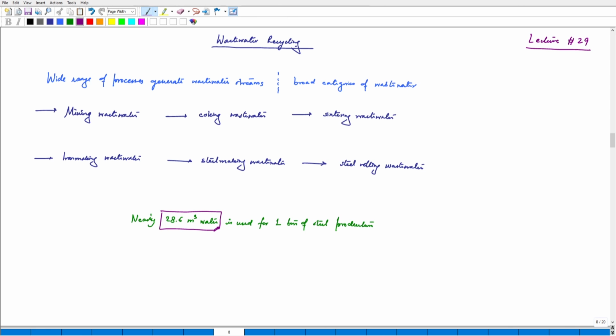Just multiplying it to, let's say, the world production of steel in a given year would give us the water that is used directly in steel making industries, taking into account the totality of the steel making industries of the world. Now, this is what we are really looking at, and this itself is a very large quantity.